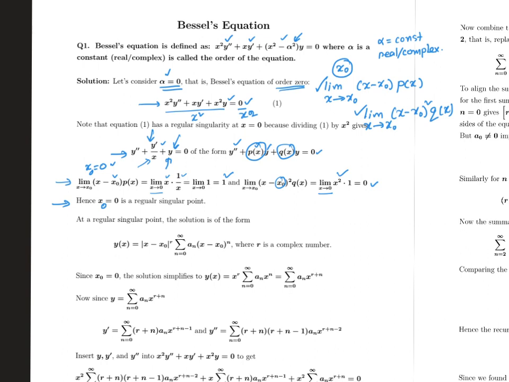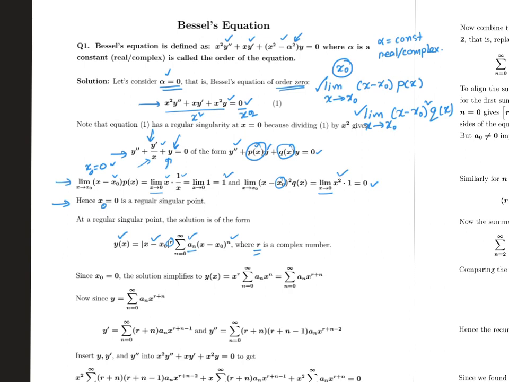And the solution is going to be of this format. y of x is equal to (x minus x naught) raised to the power r, times the summation from n equal to 0 to infinity of a sub n times (x minus x naught) raised to the power n. Here r is a complex number. So let's go ahead and continue with this.